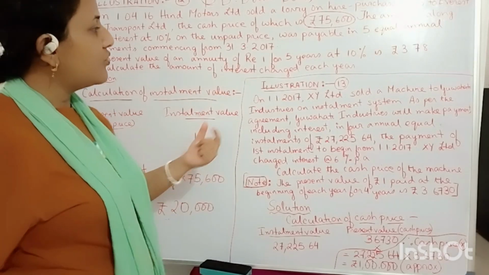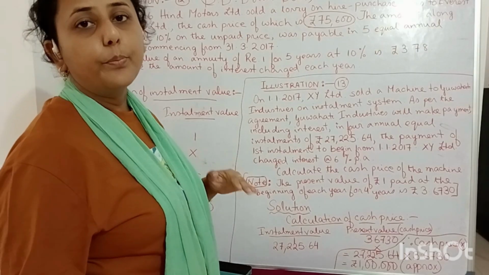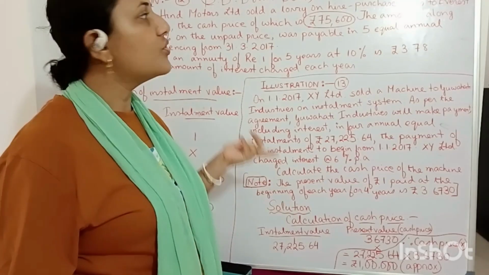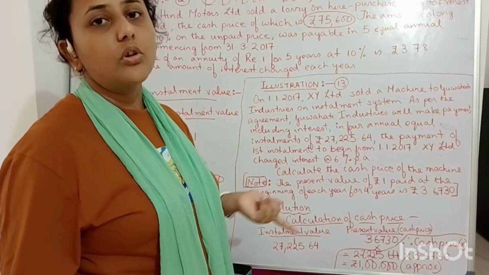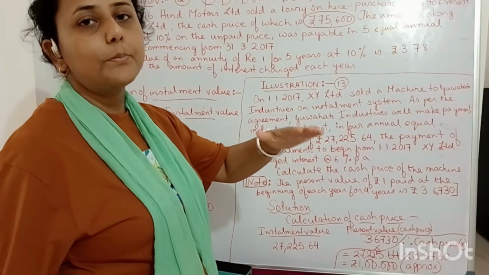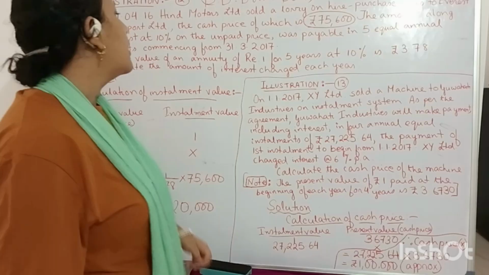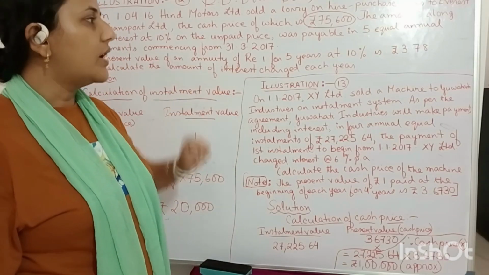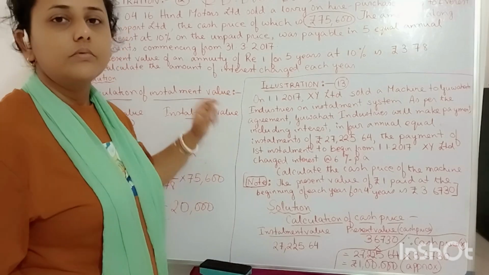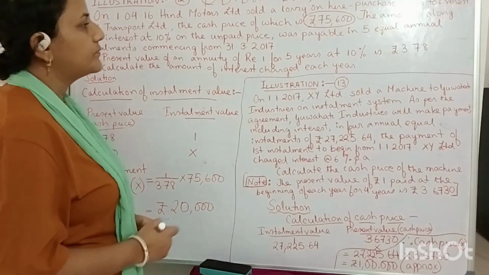Annuity means payment made at regular intervals. Here the installment values are considered annuities because installments are paid at regular intervals. So when the annuity is ₹1, the cash price, that is the present value, is 3.78.